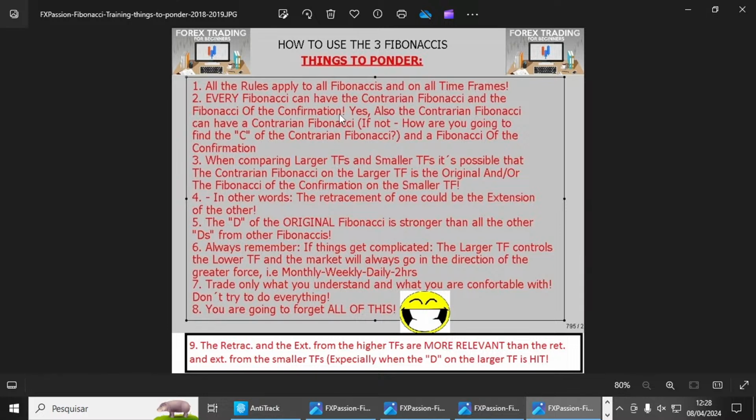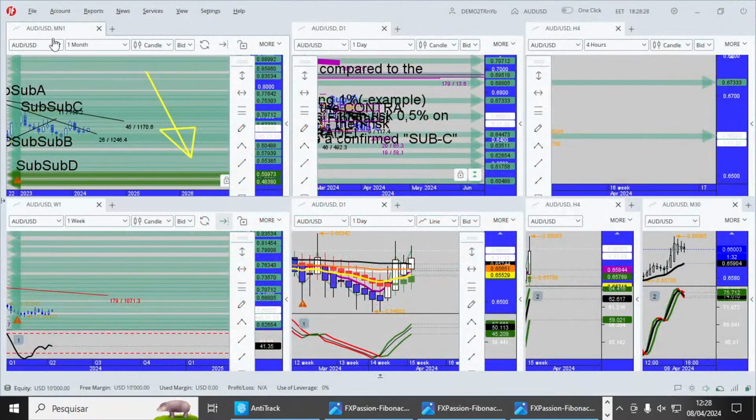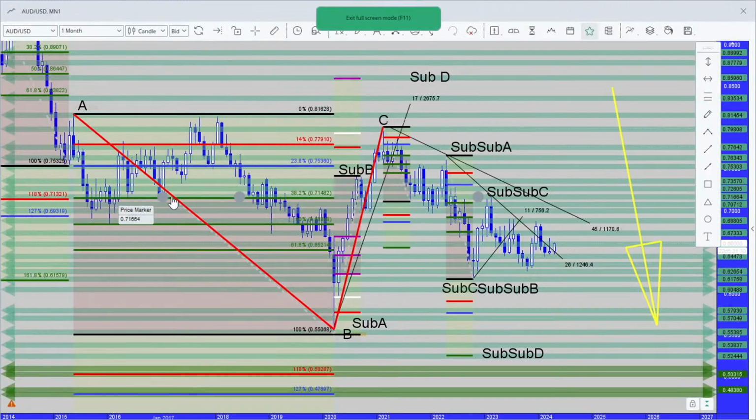We just saw this on AUD-CAD. Yes, also the contrarian Fibonacci for day traders or intraday can have a contrarian Fibonacci. If not, how are you going to find the capital C of the contrarian Fibonacci and the Fibonacci of the confirmation? So all rules apply to all Fibonaccis.